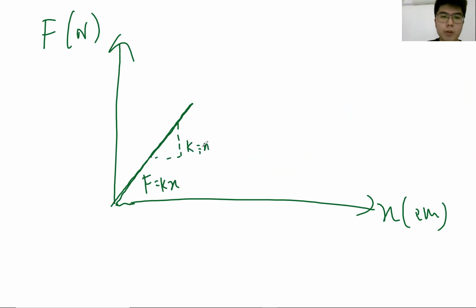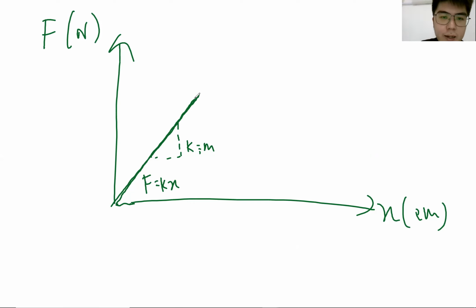Now, directly proportional, so this region here is very easy to predict. It's very easy to calculate the extension based on how much force you apply. If I apply 2 N of force, provided the spring constant is given, then I can calculate the extension using the formula F equals kx, right?